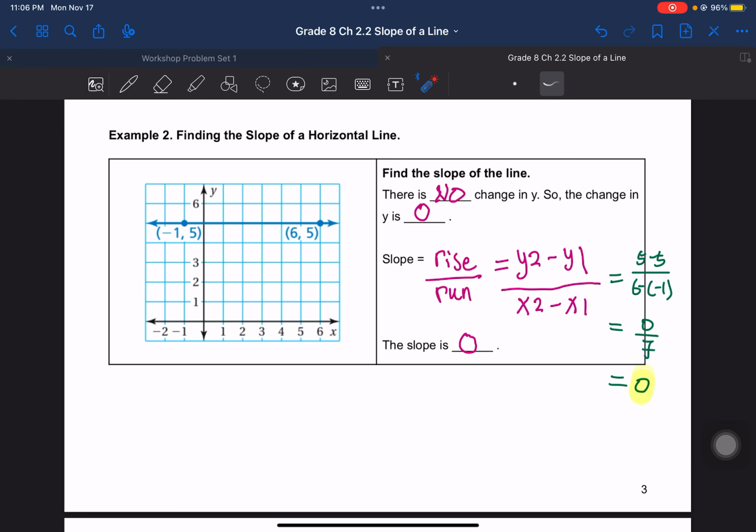When we have a horizontal line, every point on this line is not going up or down. So there's no change in y, no vertical change. So the change in y is 0, which means rise over run, we have 0 on top. And 0 divided by any number is 0. So in this case, the slope is 0.